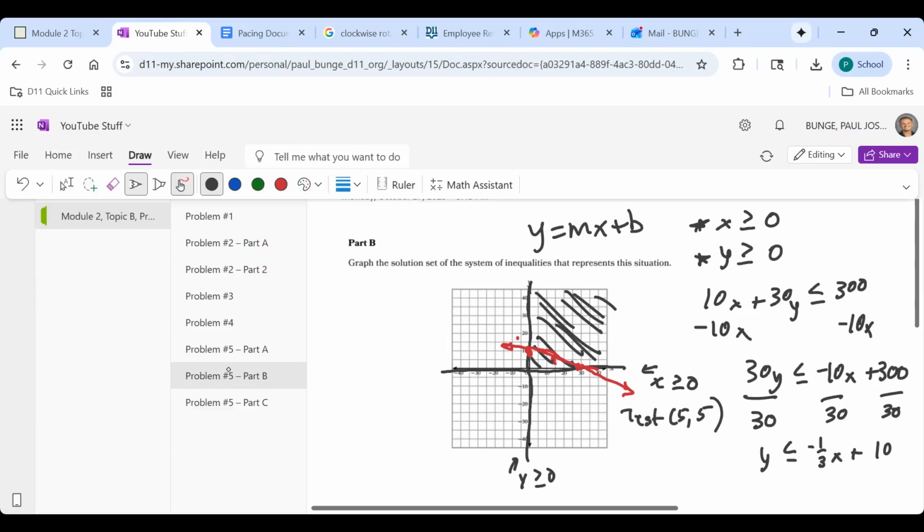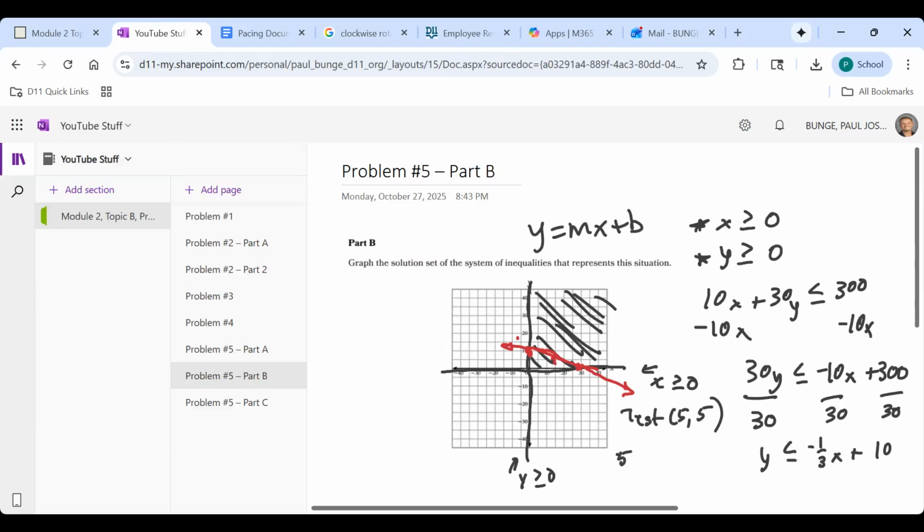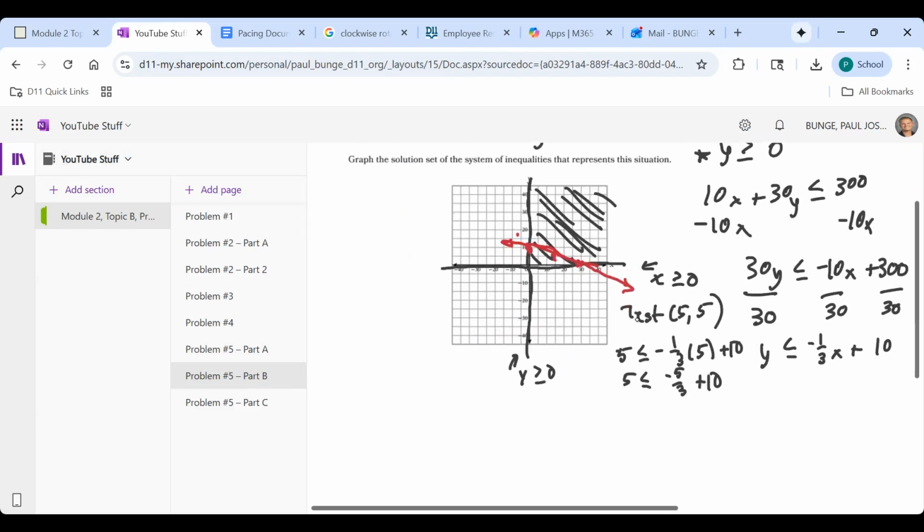Okay, so 5 is less than or equal to negative 1/3 times 5 plus 10. 5 is less than or equal to negative 5/3 plus 10. This is the same thing as negative 1 2/3. 5 is less than or equal to negative 1 2/3 plus 10.